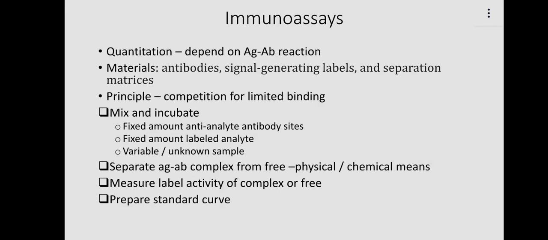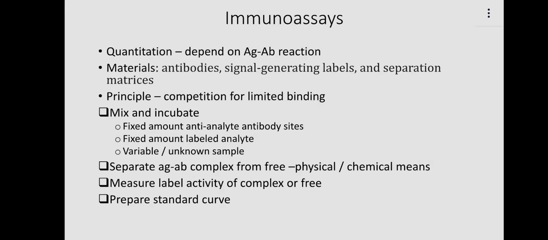So to determine what proportion of the reagents interacted, different types of labels are used. And these labels are actually ways in which we can determine what proportion formed the complex and which proportion remained free.